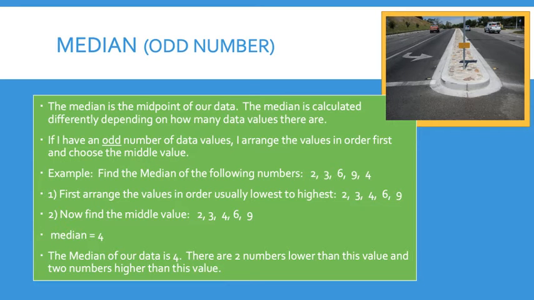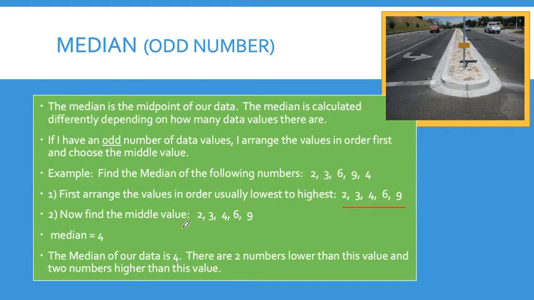If I have an odd number of data values, I arrange the values in order first and choose the middle value. For example, find the median of the following numbers: 2, 3, 6, 9, and 4. First, we arrange the values in order, usually lowest to highest. So I've done that here: 2, 3, 4, 6, and 9.